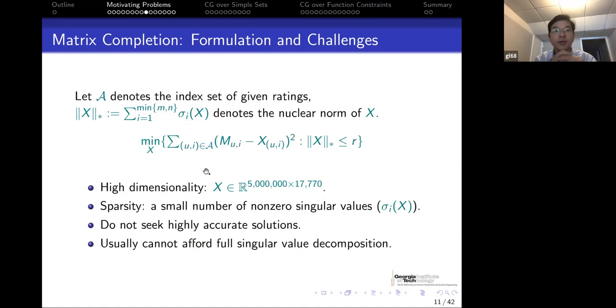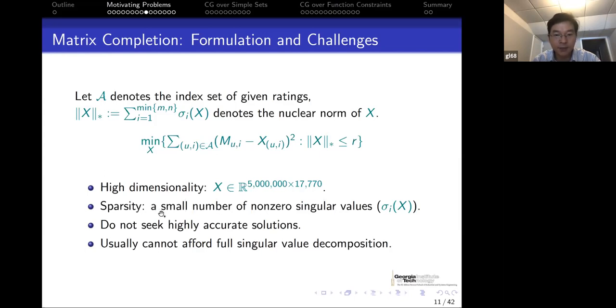Again, the problem is challenging for the following reasons. Firstly, it is of high dimension. As you can see, the matrix X has 5 times 10 to the 6 rows and 17 times 10 to the 3 columns. Also, we would like to have a sparse solution.